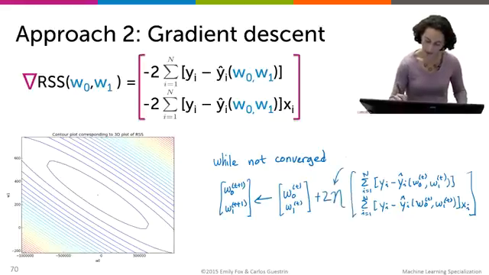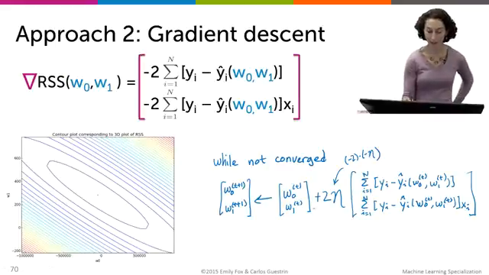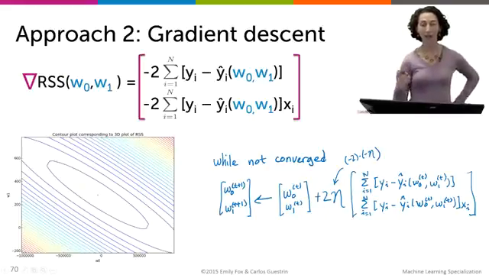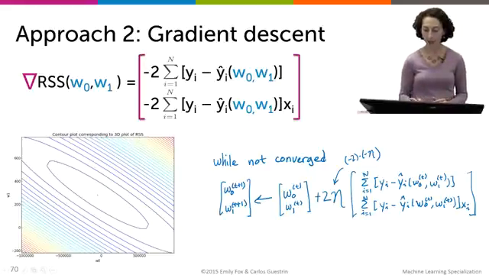So I'll just write this explicitly. This was from minus 2 times minus eta. Okay, so we are doing gradient descent. Even though you see a plus sign, we're still doing gradient descent. It's just that our gradient had a negative sign, and that made it become a positive sign here, okay?